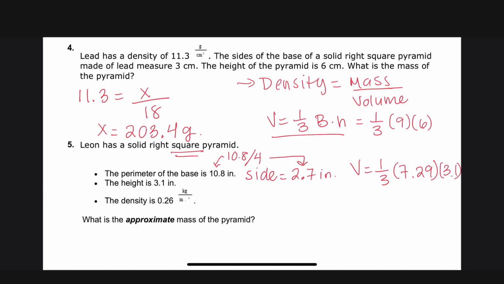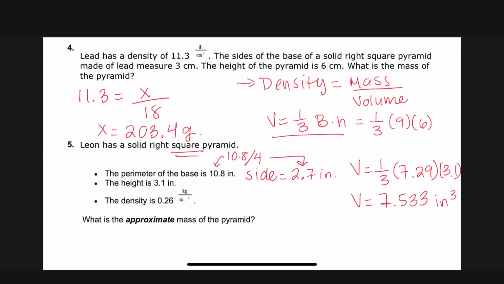So 7.29 times 3.1 times 1/3 is going to be 7.533. Okay, and that's inches cubed.